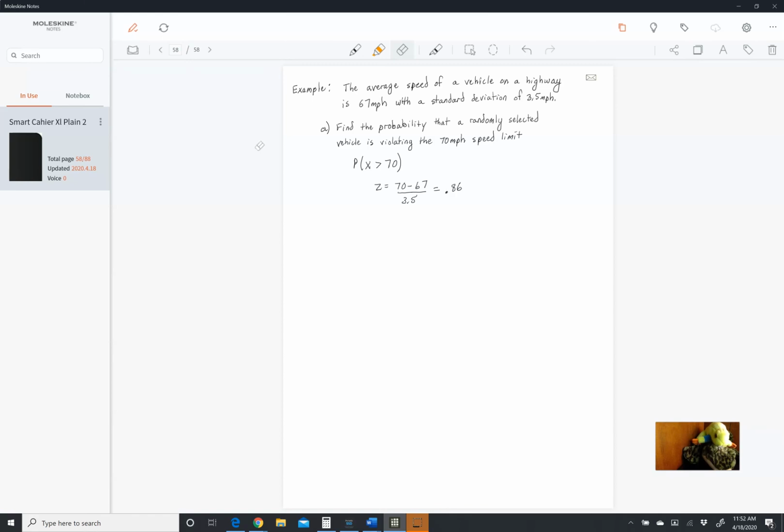So that means that the probability that x is greater than 70 is the same thing as the probability that z is greater than 0.86. But remember, the z-score table doesn't give us the probability that z is greater than 0.86. It gives us the probability that z is less than 0.86. So we need to subtract that from 1.